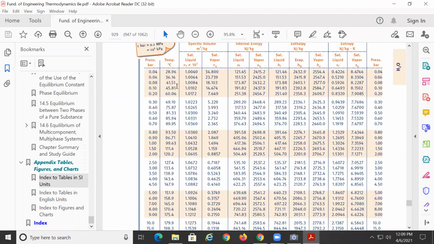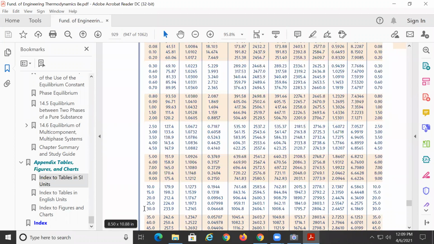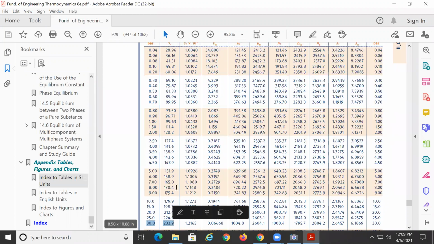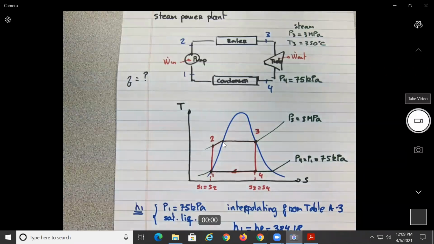So the problem here, you see with the temperature, that gives the temperature, but I mean, we can do it approximated that way, but that's not going to be accurate at all. Because the 233.9 here should be the temperature where? Should be the temperature over here, no? Not the temperature over here.